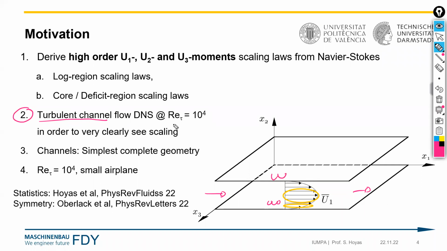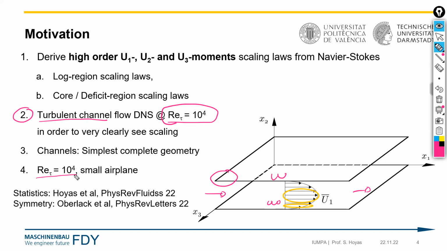We are running it at one number, which is R tau equal to 10 to the 4. What is this? It is a special Reynolds number, the friction Reynolds number. Okay, this number is very important when we are dealing with a flow close to a wall. For example, in our case, an R tau of 10,000 is characteristic of a very small area, really small.